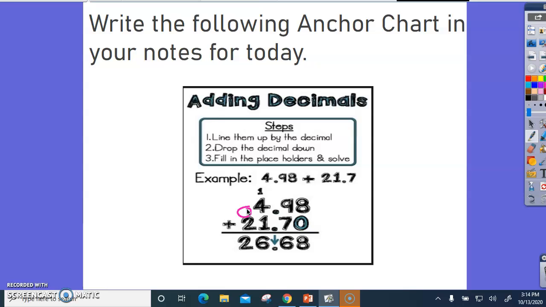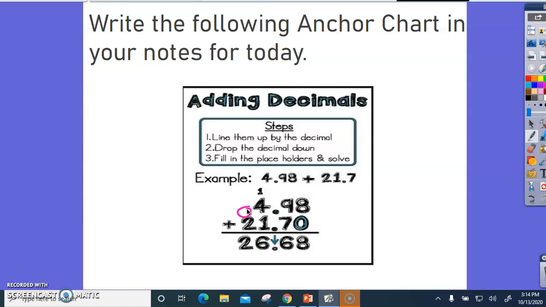The placeholders are any place that is empty when you line up your decimals. You add a 0 in, and that is your placeholder. And then you solve. Instead of solving in the ones place, we're going to start by solving in the hundredths place.